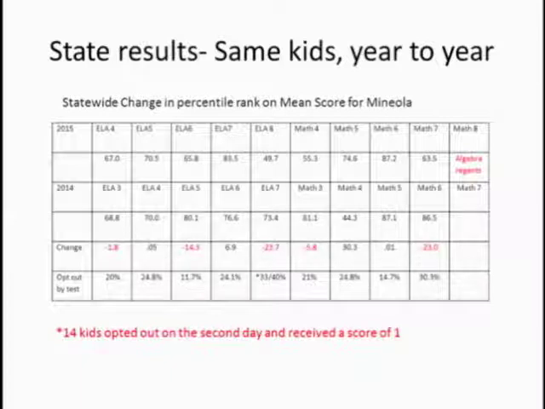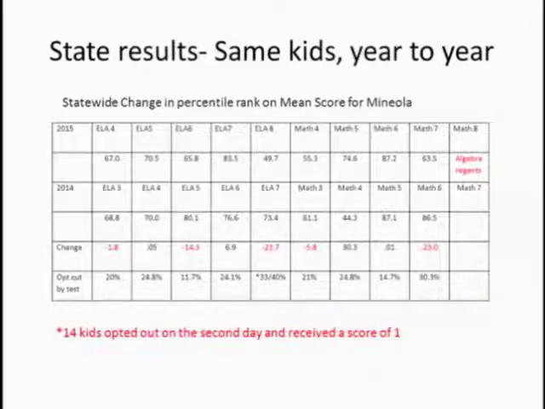And that group did slightly better, 68.8. So the change was a negative 1.8. So if you look at that change column going across, it's relatively flat with some wild jumps. You know, ELA 8, you got negative 23. And in Math 7, you got negative 23.